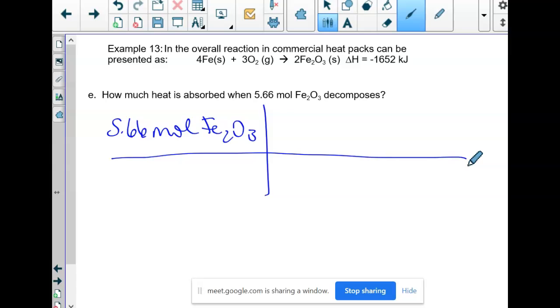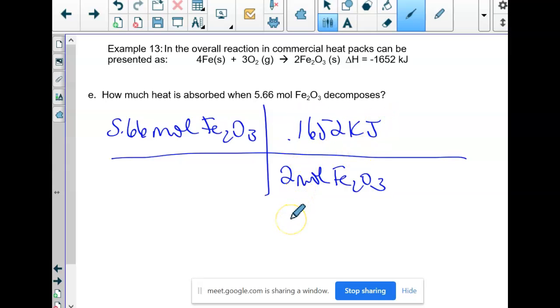All right, so we're going to say there's 2 moles. We don't even have to worry about the periodic table because we already have moles, for every 1652 kilojoules. I'm not going to put the negative in yet. We've got to evaluate whether we need it. 2 because there's a 2 in front of Fe2O3, and 1652 because that's the delta H value given.